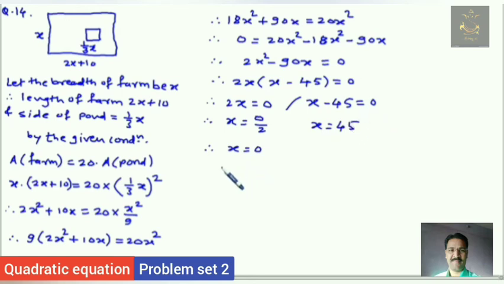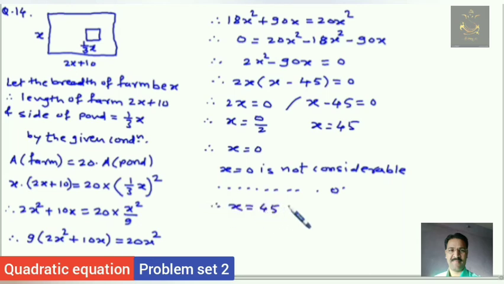Now look here, x equal to 0 is not considerable. Why? Because breadth is never 0. Therefore x equal to 45.